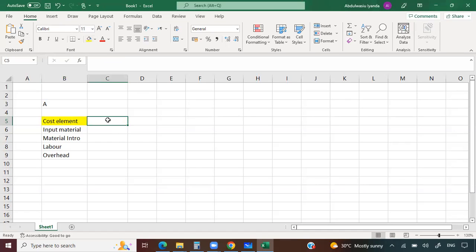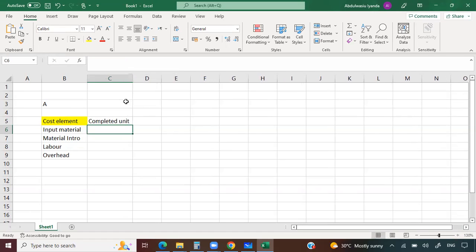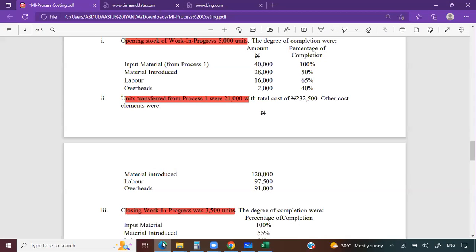The next thing you are going to say is, give us the completed units. Please don't forget, and please master this format very well. Completed units. The information that we are preparing is for what process? It's not for process 3. It's not for process 1.